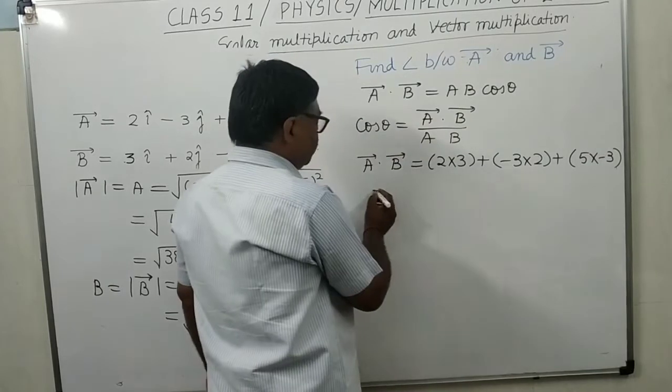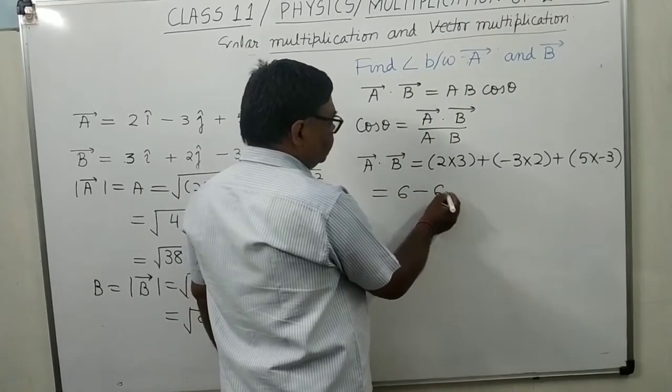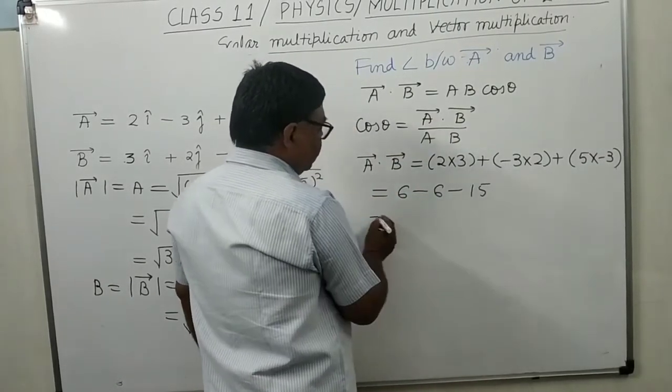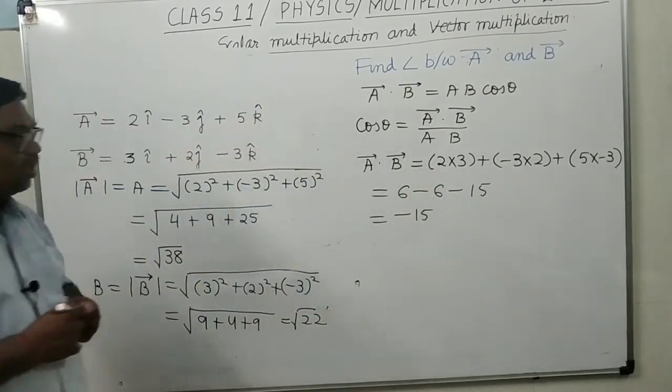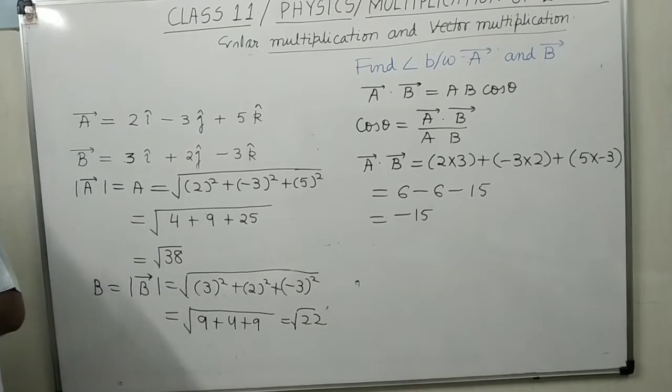So this will be equal to 6 minus 6 minus 15, that is equal to minus 15. It is clear. Here vector A dot vector B equals minus 15.